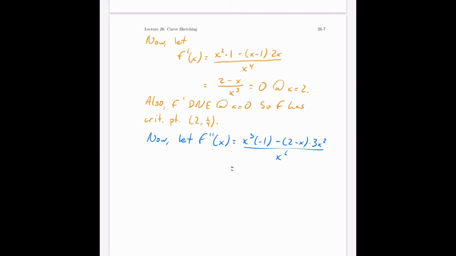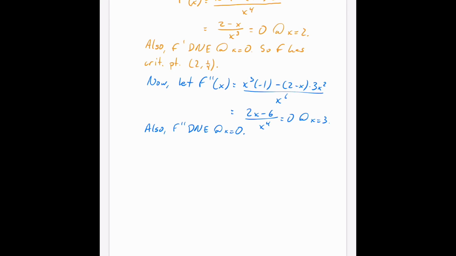And again, I'll let you figure out the simplification, but it's going to wind up equaling 2x minus 6 all over x to the fourth, and that equals 0 at x equals 3. Also worth noting, f double prime does not exist at x equals 0, which again makes sense because f does not exist at x equals 0. Now, I say it's worth noting, it's critically important. You have to note where f prime and f double prime are 0 and do not exist.